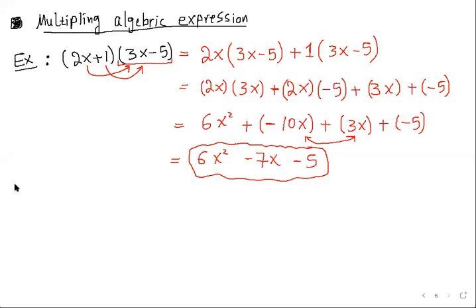I give you another example. How can we solve something like that? 2x plus 3 times x squared minus 5x plus 4. Who will do that?